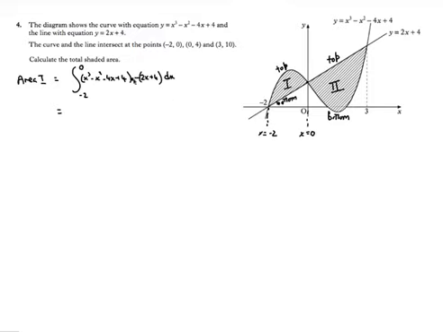So again, we'll write the integral from minus 2 to 0 of x cubed minus x squared minus 4x plus 4 minus the 2x minus the 4. So it's minus the whole of 2x plus 4, not just the 2x being subtracted.